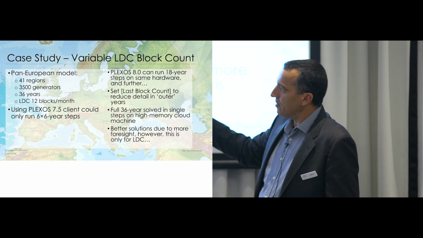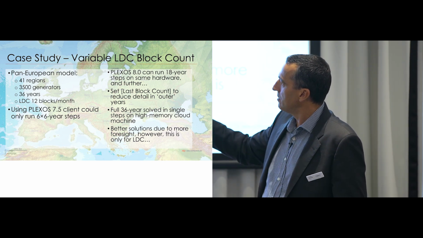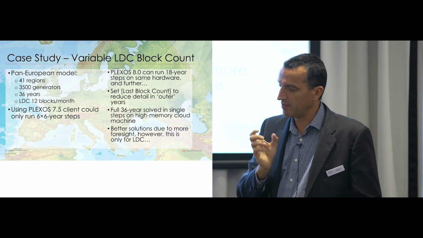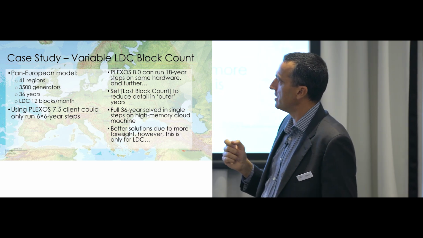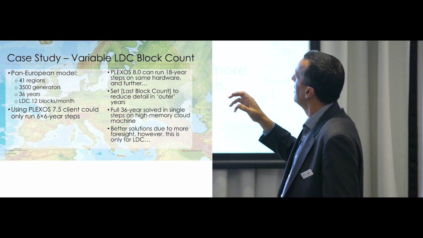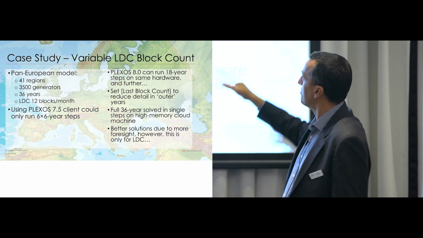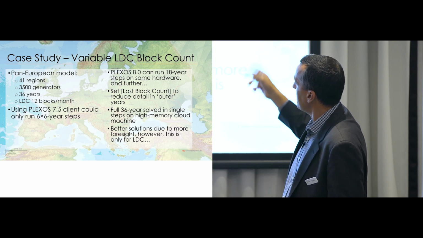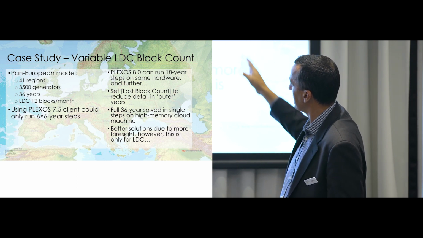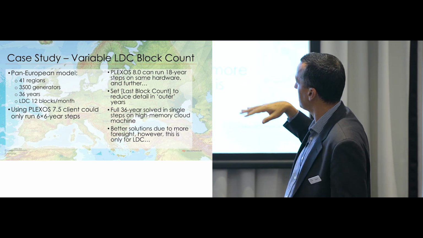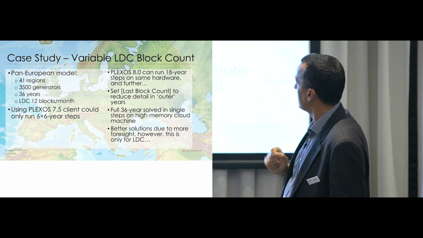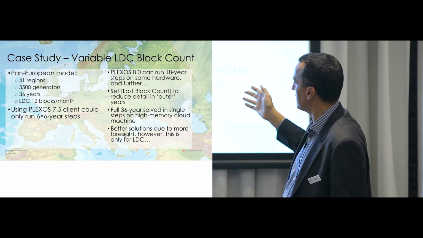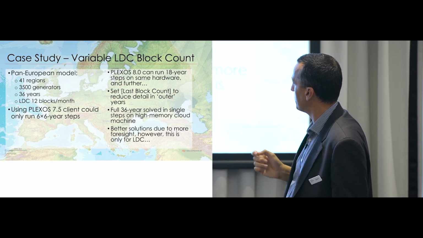In PLEXOS 7.5, the client could only run 6 years at a time, so the 36 years were done in 6 steps of 6 years each at 12 blocks per month. PLEXOS 8, for all its speed and memory improvements, was able to run 18-year steps, and I used the last block count to reduce that, and we were actually able to solve the full 36 years in one step on a high memory cloud machine.